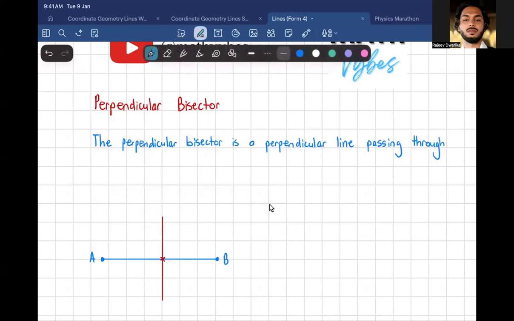So Maria, let's try to understand what's happening. I'm saying that a perpendicular bisector is a perpendicular line passing through the midpoint of another line.